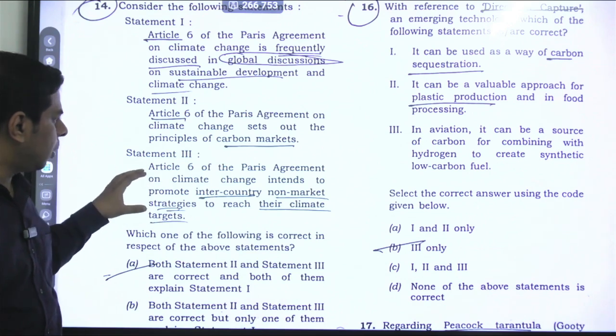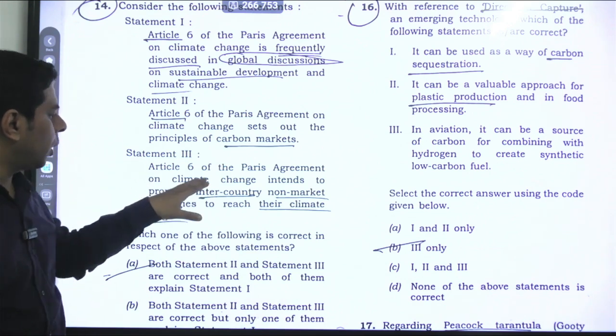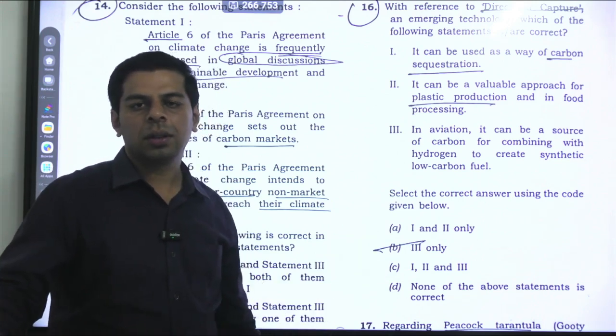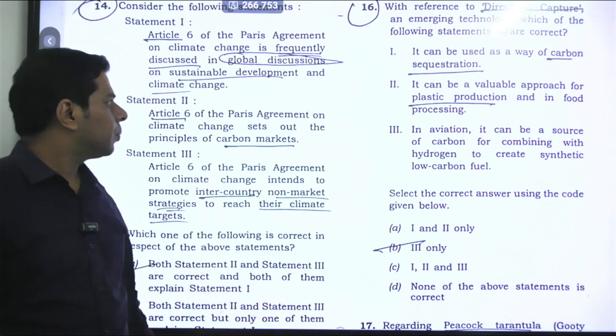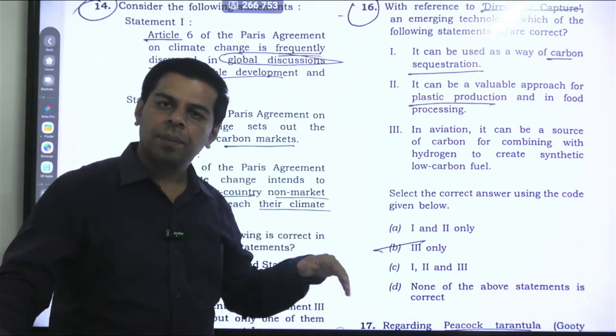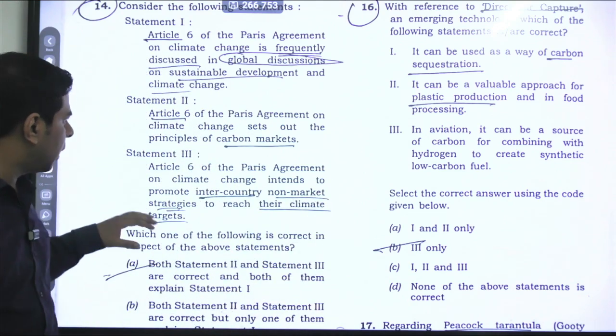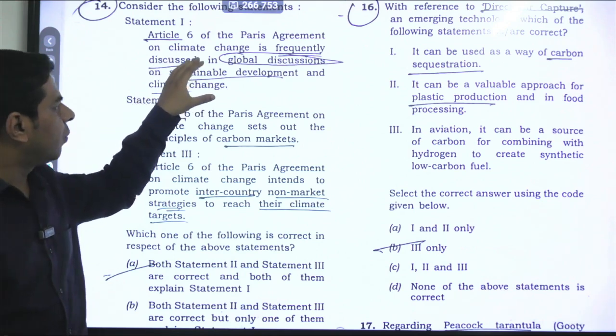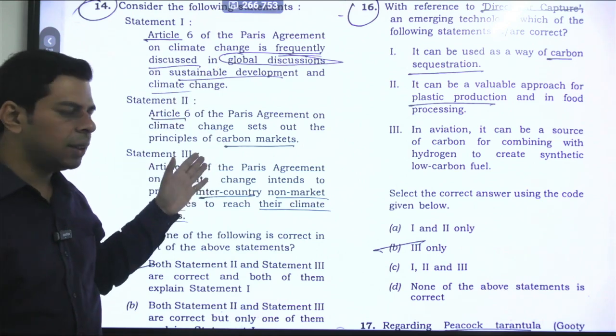In the third statement, they have highlighted that it intends to promote inter-country cooperation, just like the Kyoto Protocol. This is also on a sound basis. So we can say that once again the trick of all statements being correct can be linked to it. In this case, the explanation also holds, because they highlighted why it's been frequently discussed, because this is the main pressing point.